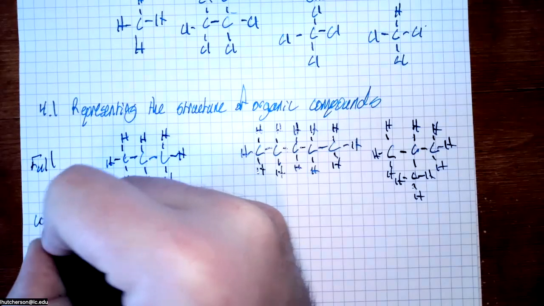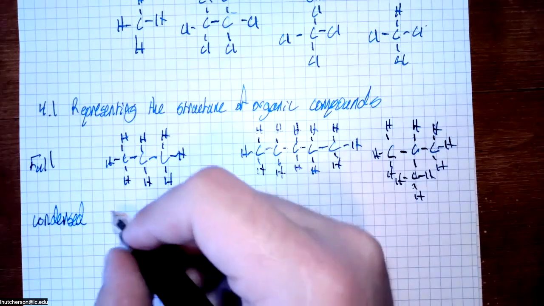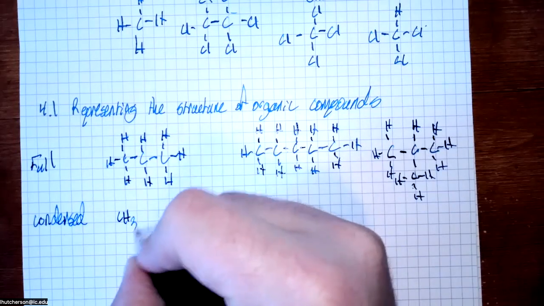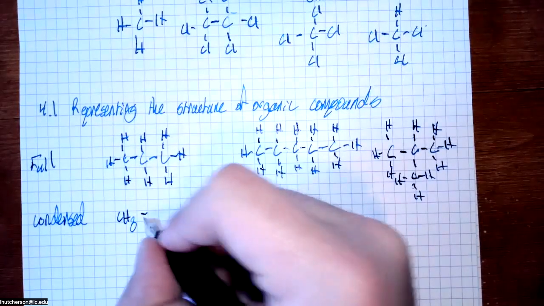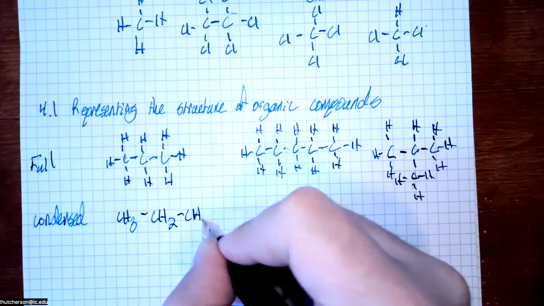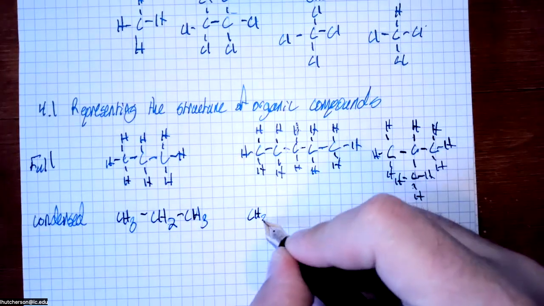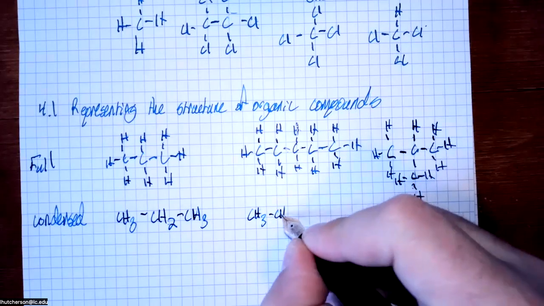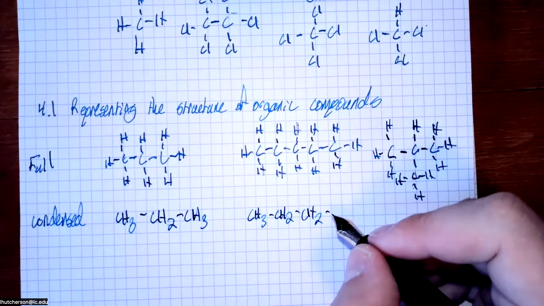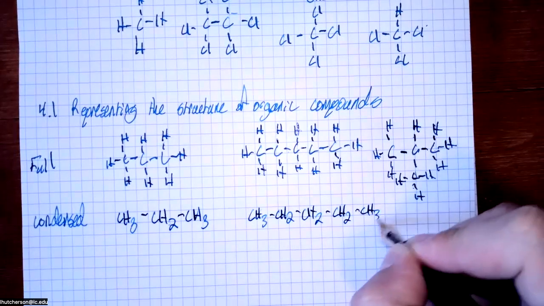So the next is the condensed structure. Now, for a condensed structure, what we say is that, okay, this is carbon bonded to 3 hydrogens. We're going to call this CH3. Carbon bonded to 2 hydrogens, this is going to be CH2. Carbon bonded to 3 hydrogens, this is going to be CH3. This one, CH3, then CH2, CH2, CH2, and CH3.